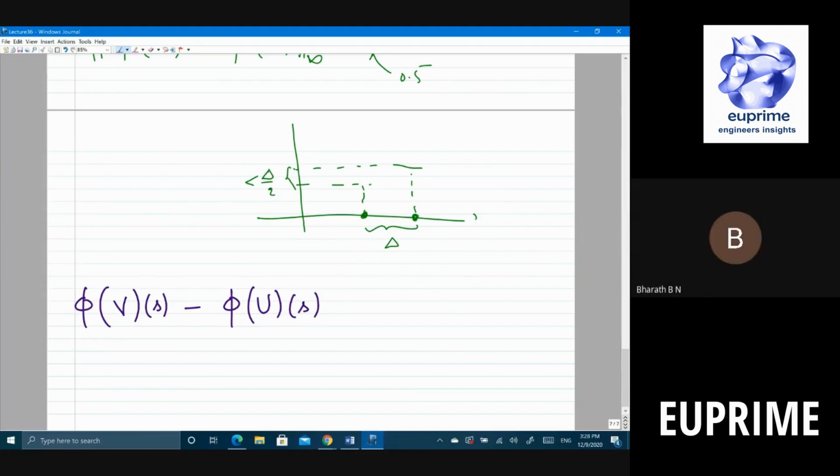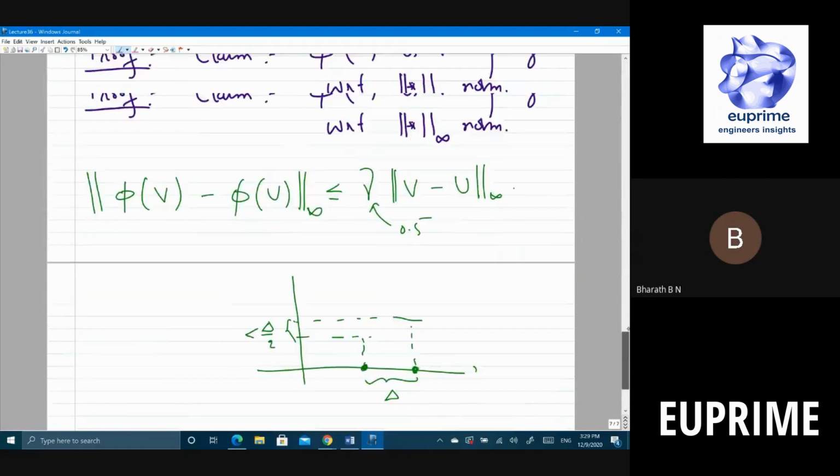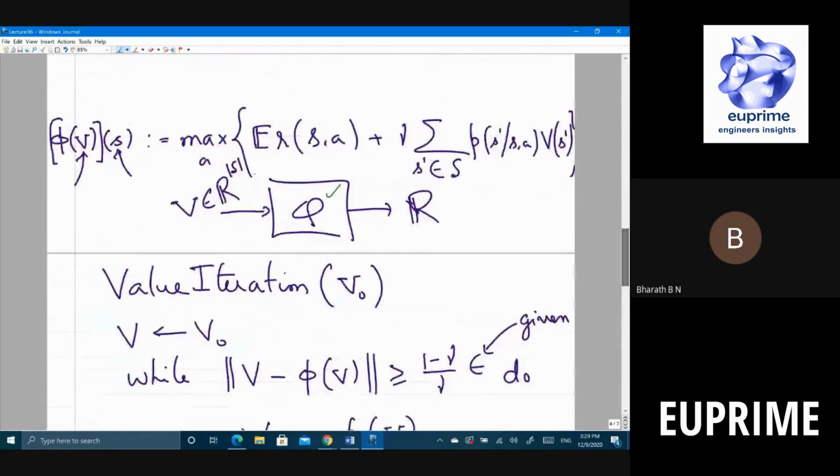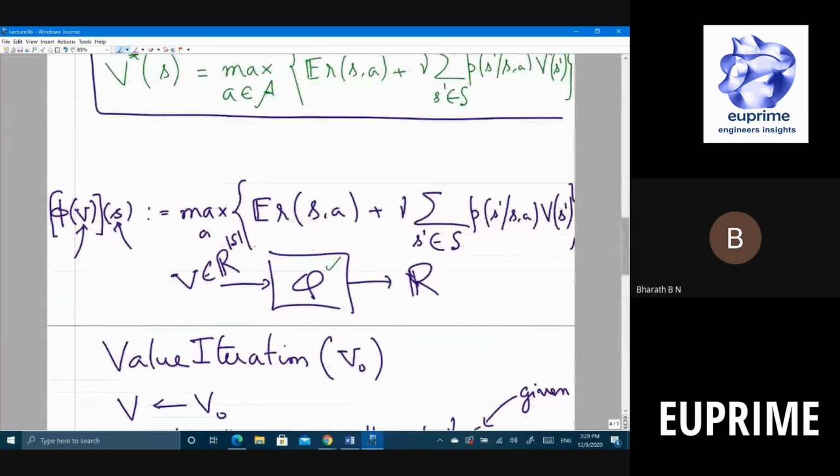Let me clarify that. I made a mistake here. What I meant was, for a given s, this is a number. In goes v, out comes a vector. So phi of v of s is a number.